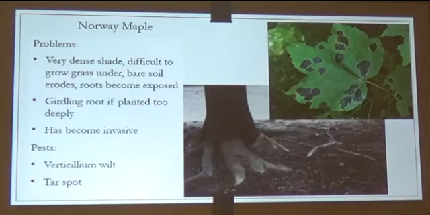The main problem they have is that they produce such dense shade that it's really difficult to grow grass underneath them. That is, until they get verticillium wilt and then they lose all their leaves and branches, and then lots of light comes through. Otherwise, since you're not getting much light through, it's really hard to grow grass underneath them. And yes, the roots do kind of move upward, but more likely the soil is washing away because there's nothing to hold it, and that makes the roots become exposed.